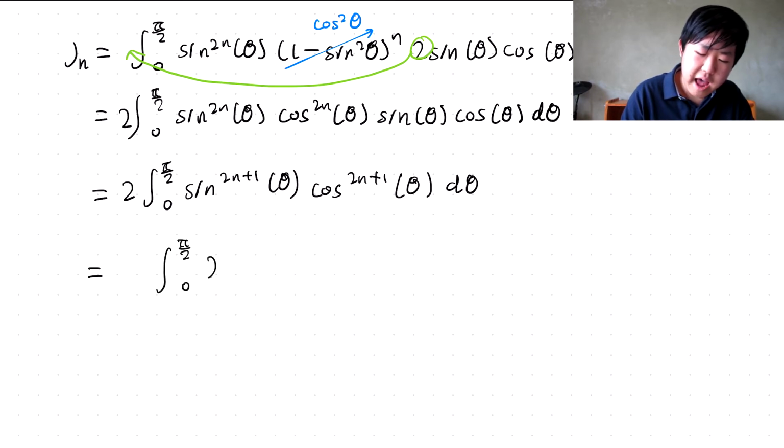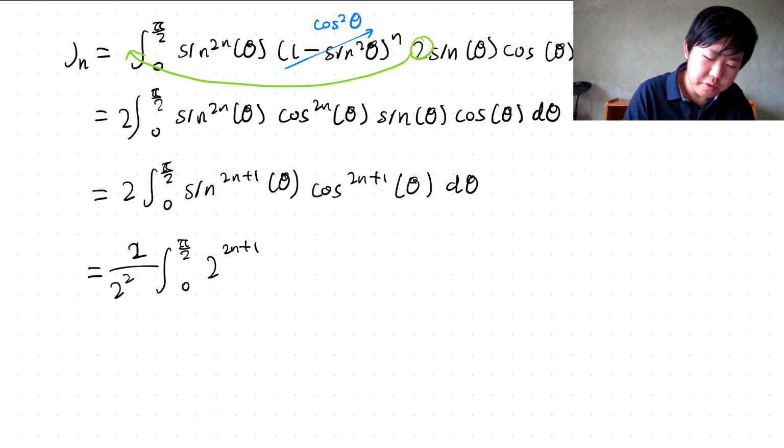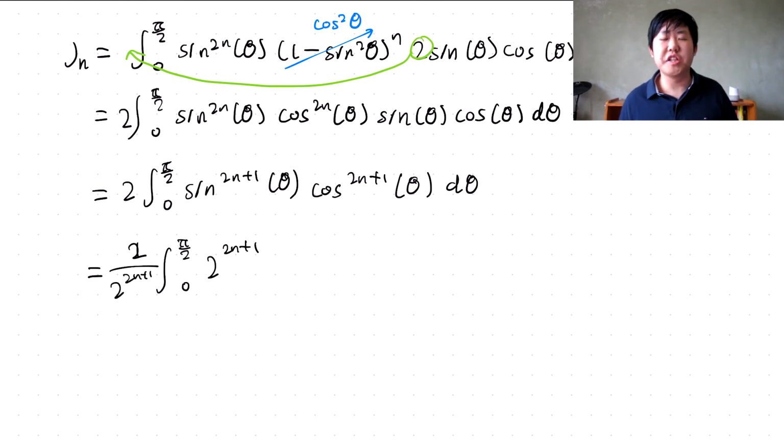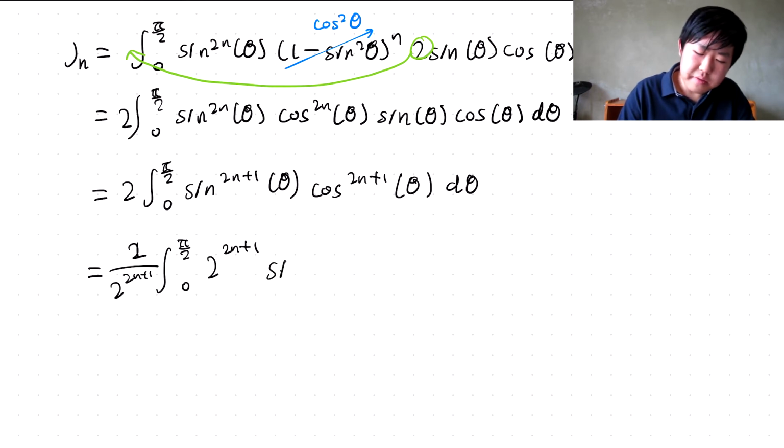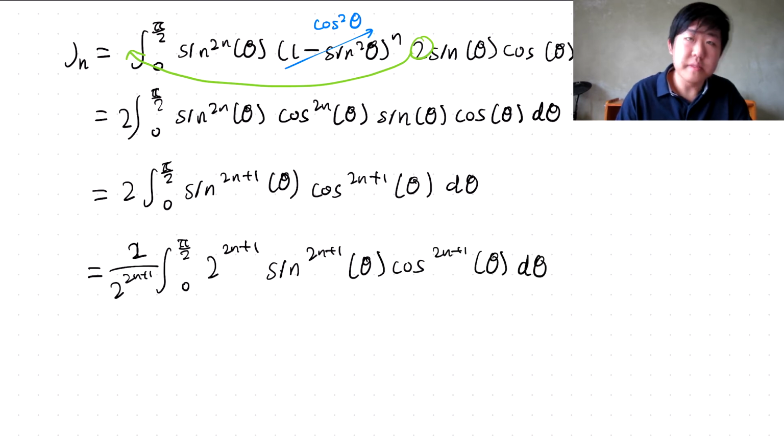We're going to add, well, not add, but put this at the front. And then of course we need to divide it again. So 2, and it's going to be 2, 2n plus 1. So we're not actually changing the equation. Then sine 2n plus 1 theta cos 2n plus 1 theta d theta.